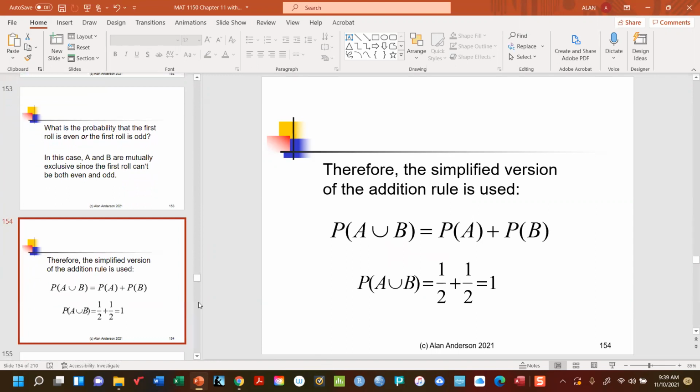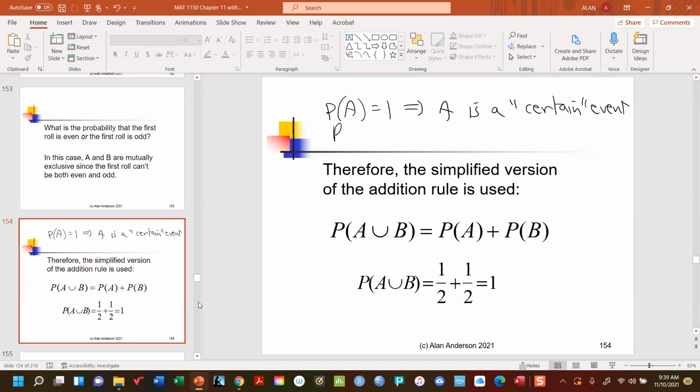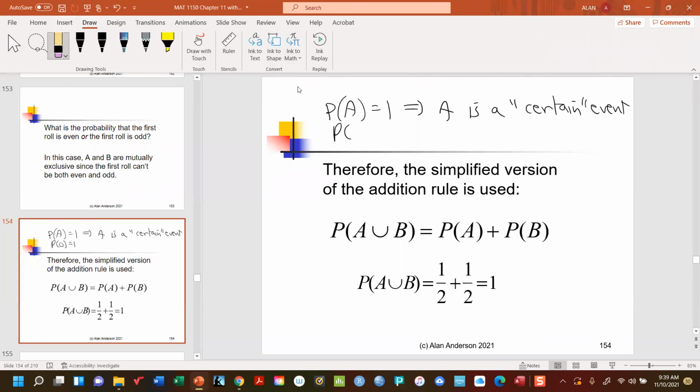Now you can see why it has to be 1, because one of those two events has to be true with certainty. And in fact, when we have any event A whose probability is 1, we say that A is a certain event. You might recall if it was 0, then we call that impossible. It's just a quick overview here.